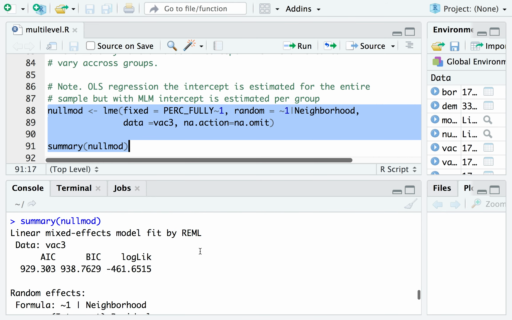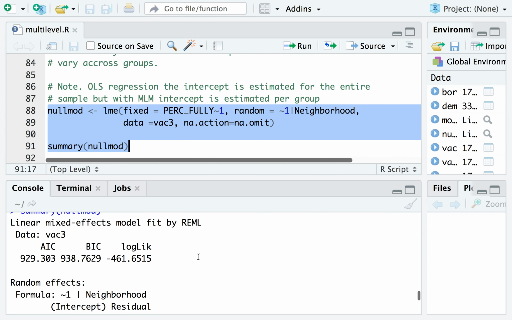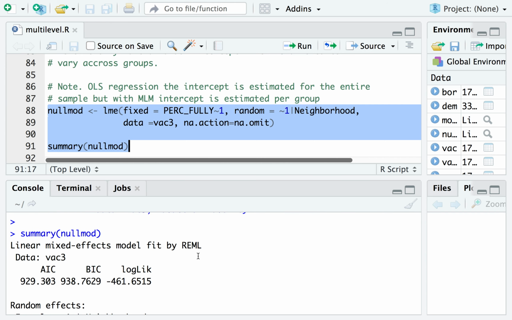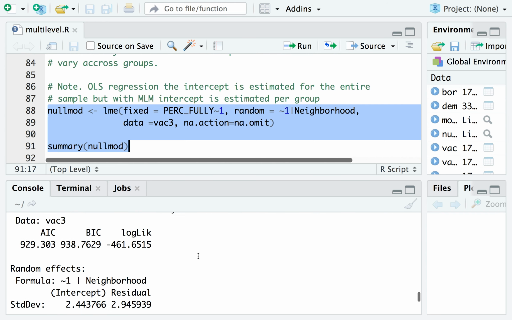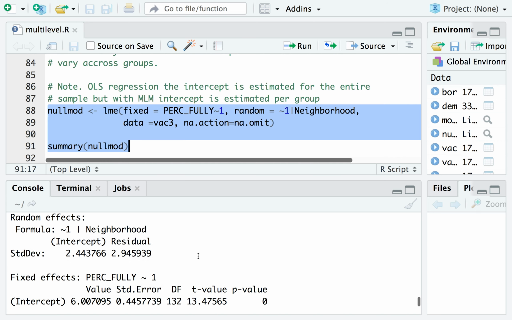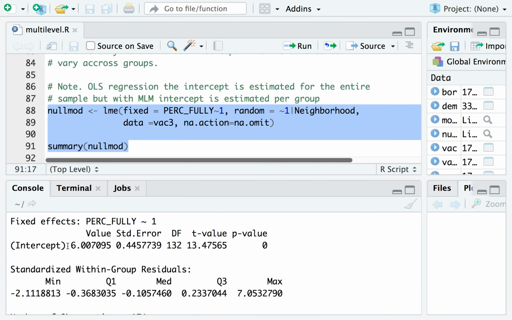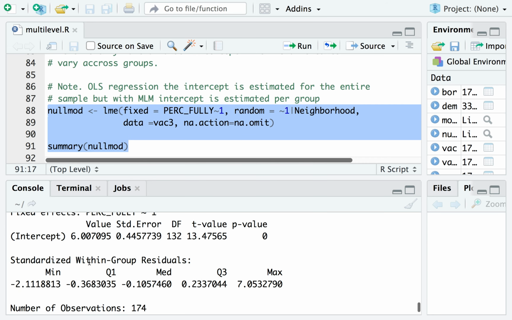So first thing, it'll give you the relative fit indices right here, and it's using restricted maximum likelihood estimation. And here's the formula, and it gives you the fixed effects, and there are no independent variables, just the intercept.